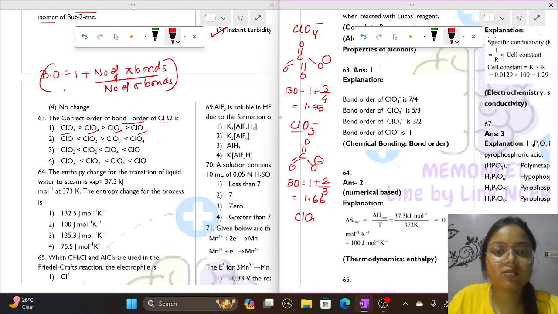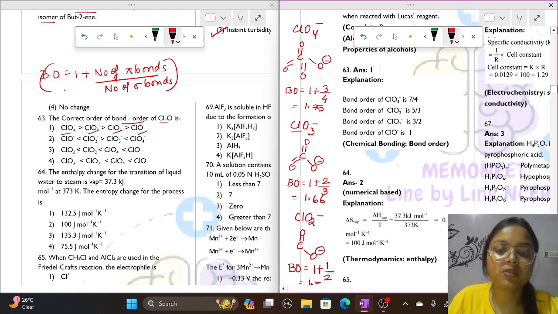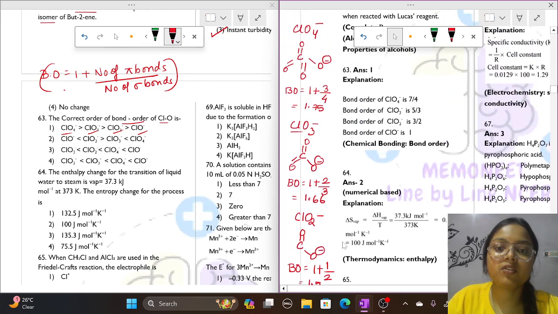Next is ClO2 minus, drawn like this. Its bond order will be 1 plus, how many pi bonds are there? 1 pi bond and 2 sigma bonds, that is 1.5.